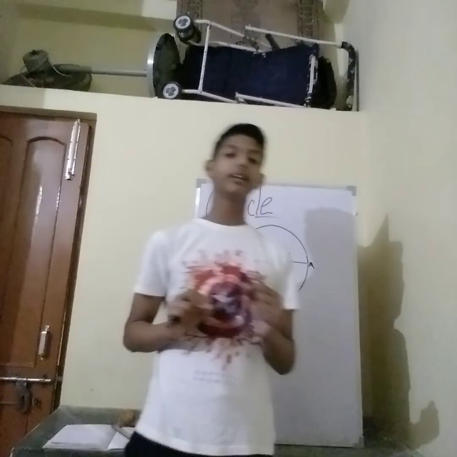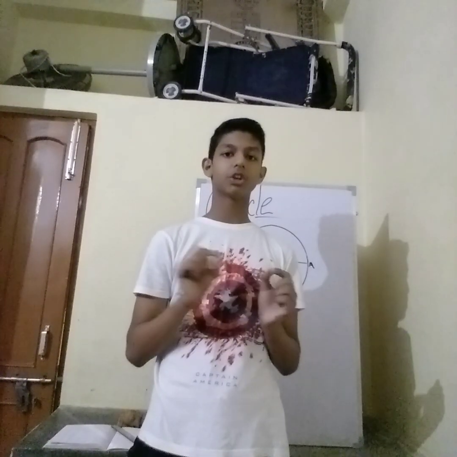Now we will discuss the circular region. What is a circular region? The region which consists of all points on the circumference or inside the circle is called the circular region.